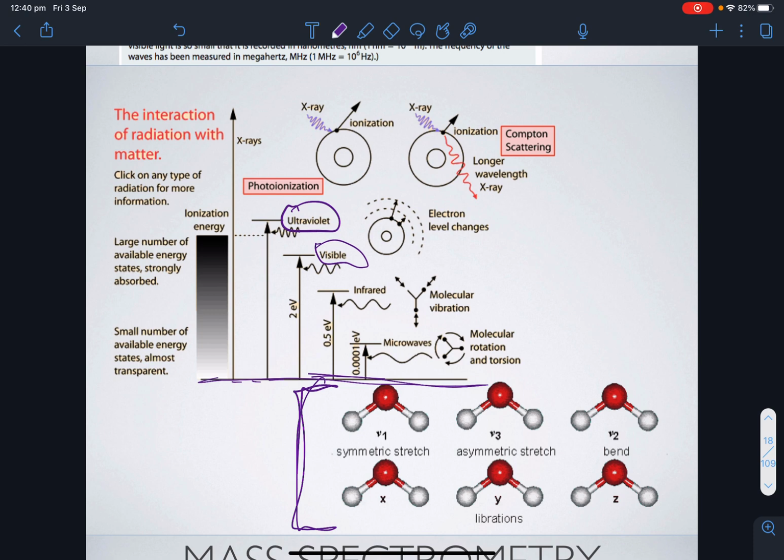Okay, so here's your ionization energy roughly, so you can compare what different light does if the light has more energy than ionization energy or less. Is it ionizing radiation? Is it these ones up here? So ionizing radiation or non-ionizing.